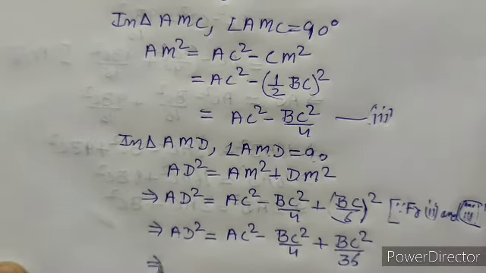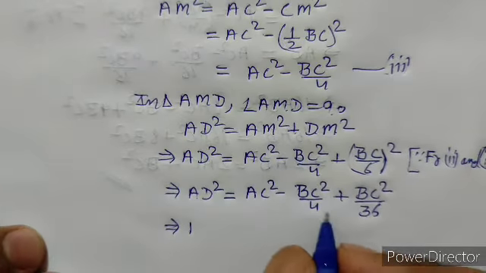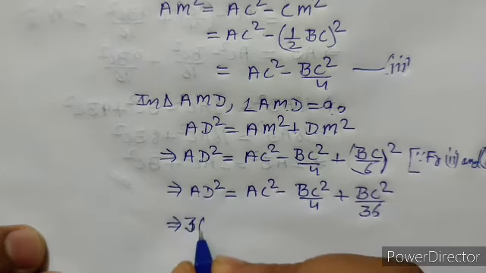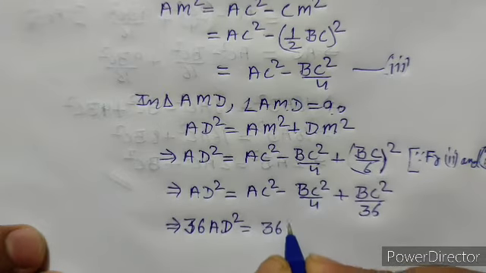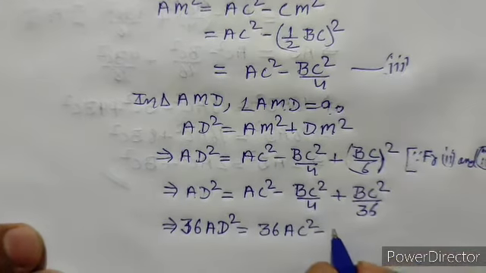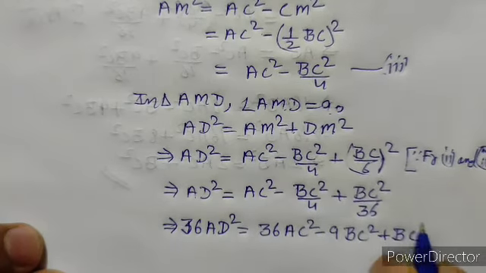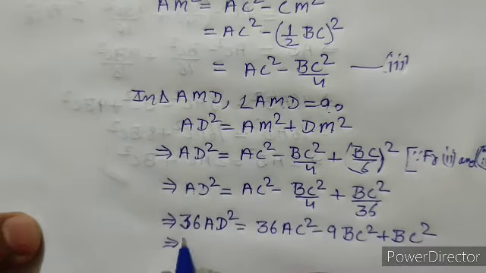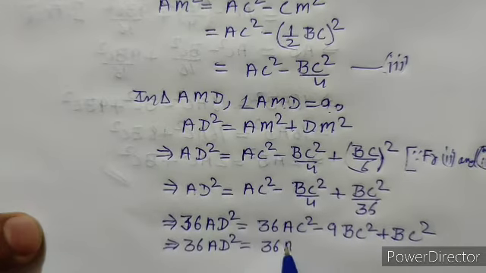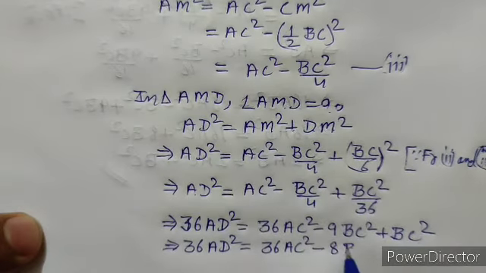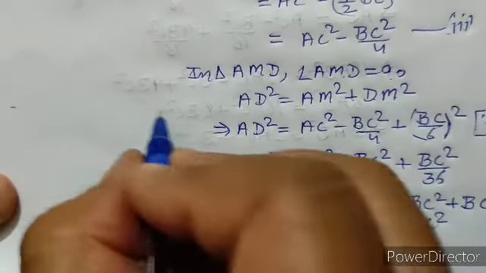Now on multiplying both sides by 36, we will get 36 AD square equal to 36 AC square minus 9 BC square plus BC square, and that will be 36 AD square equal to 36 AC square minus 8 BC square.